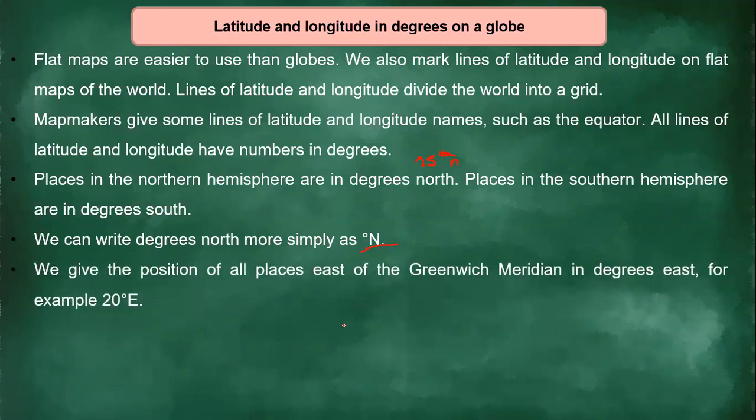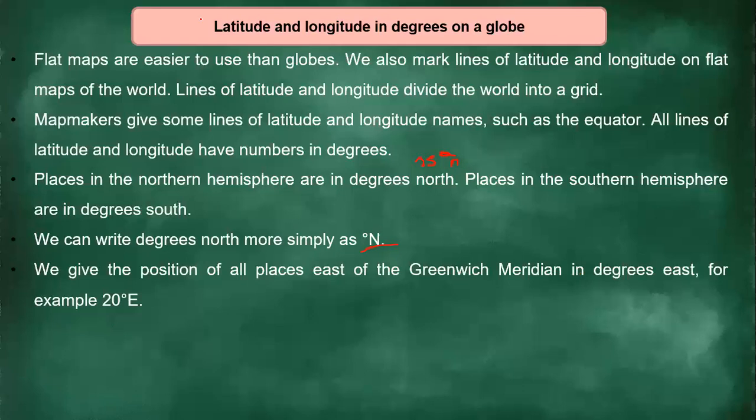So we give the position of all places east of the Greenwich meridian in degrees east, for example, 20 degrees east.